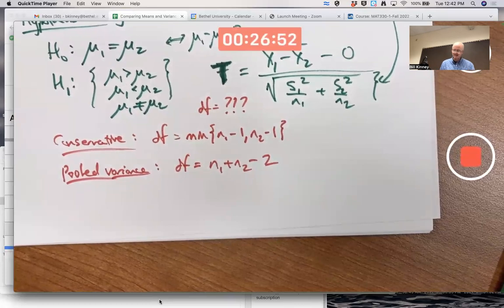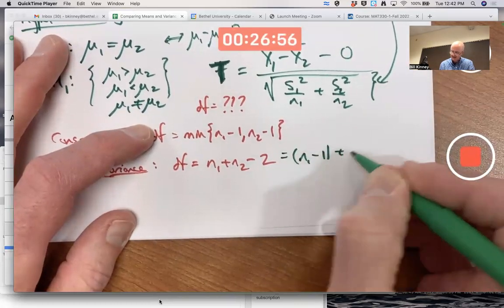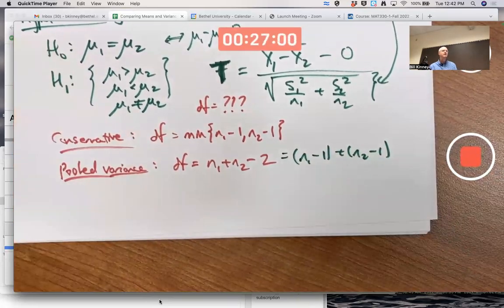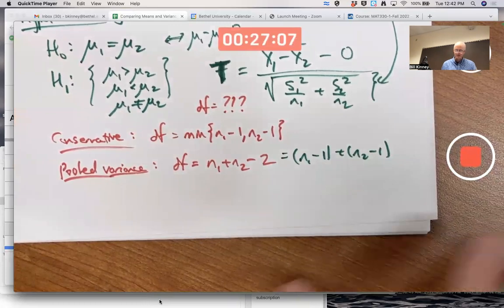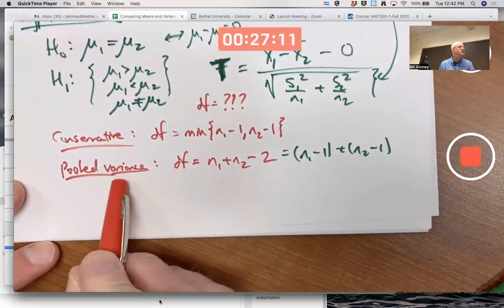Although when you think about it, that's nothing other than N1 minus 1 plus N2 minus 1. It's like you add the degrees of freedom for the 2 separate random variables. That's when you pool the variances. But you have to have justification for pooling the variances, which is the other topic for today.